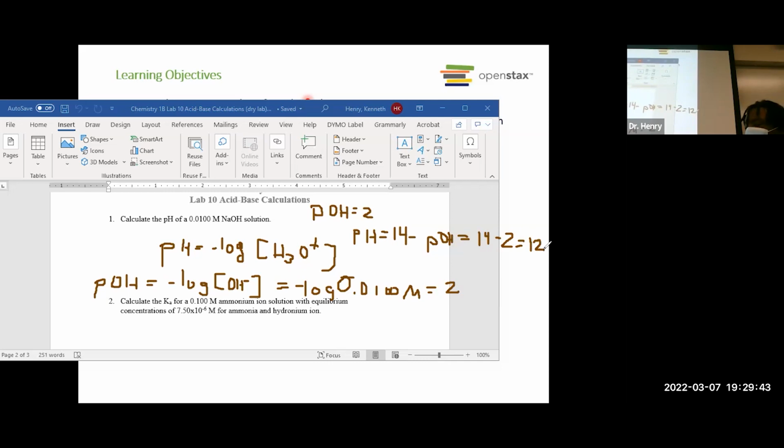Okay. So the next one, it says calculate the Ka for a 0.100 molar ionic solution with equilibrium concentrations of 7.54 times 10 to the minus 6 molar ammonia and hydronium ion.